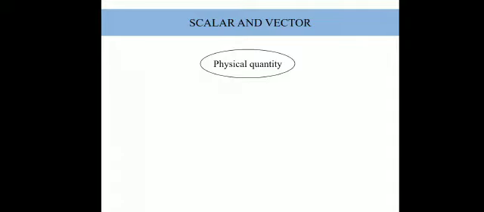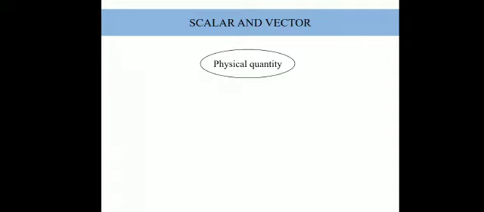Physical quantities which require only magnitude, that means they have only value, and the value is enough to completely explain the quantity, we call a scalar quantity. And remember that a scalar quantity does not require direction.